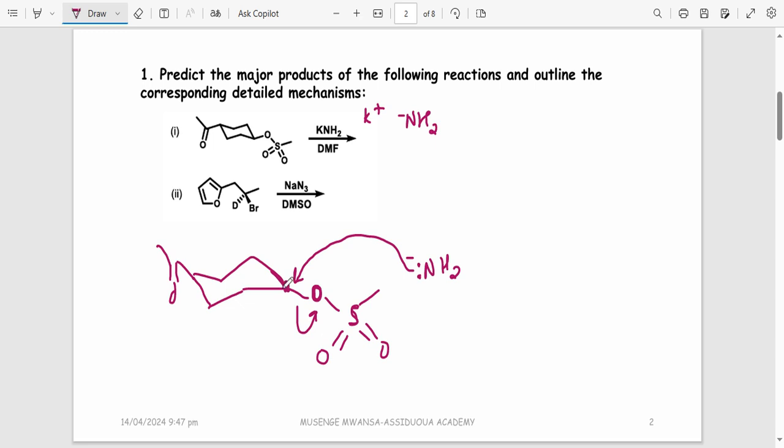It's only bonded to two other carbons. If you look at the leaving group, it's bonded to another carbon here, another carbon here. So this is a secondary carbon, so it can undergo SN2 reactions. And so the next thing we are going to be able to see is our product here.